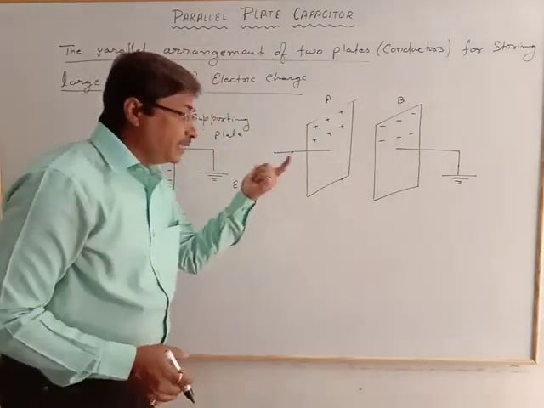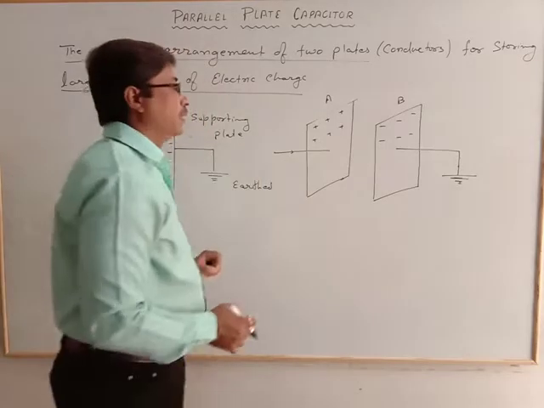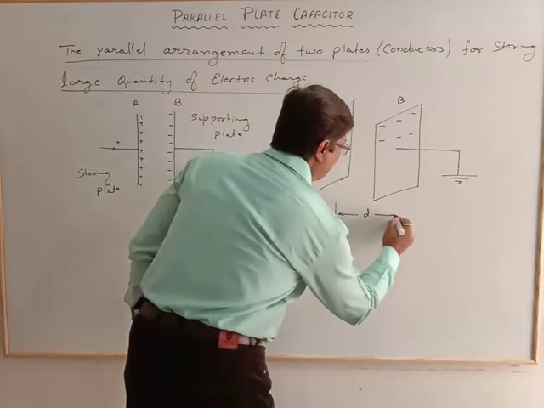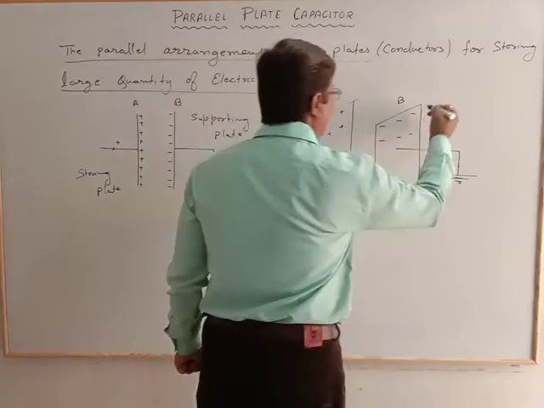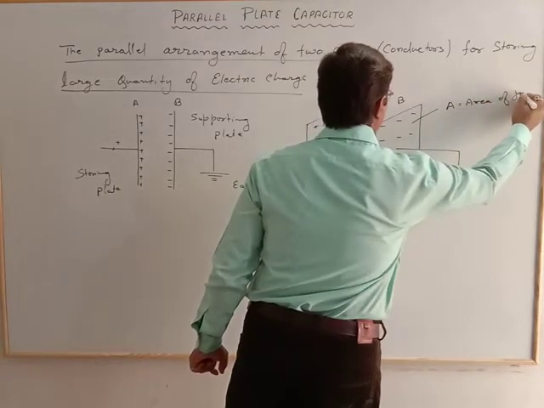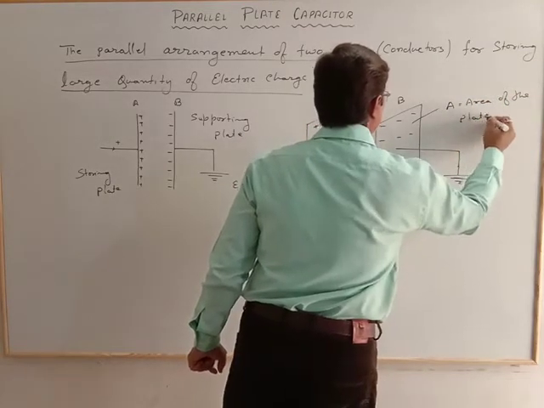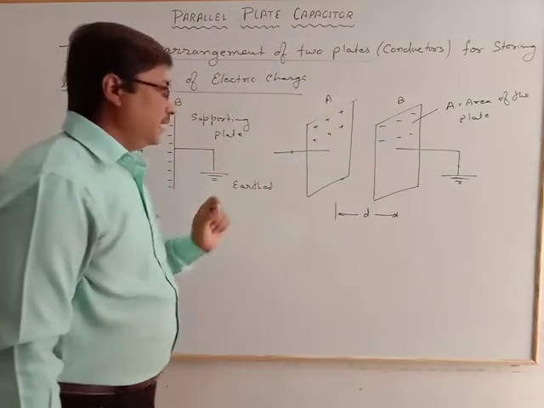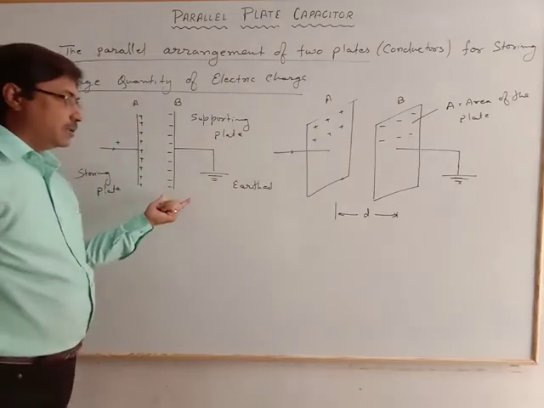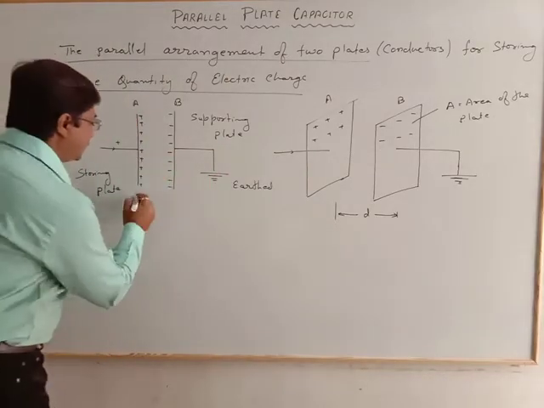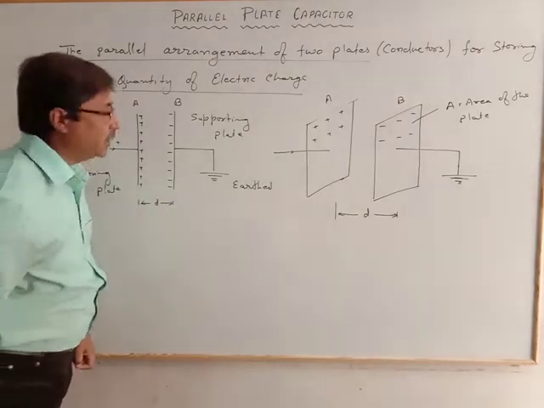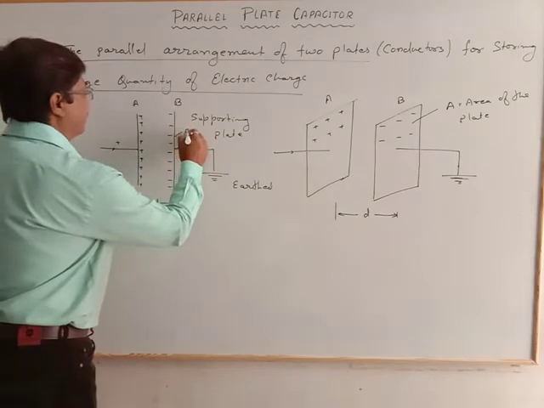Now this arrangement is of which condition? The distance between the two plates is much less than the area of the plate. What we observe here, in either figure, is that the distance between the plates is much smaller than the area of the plate.